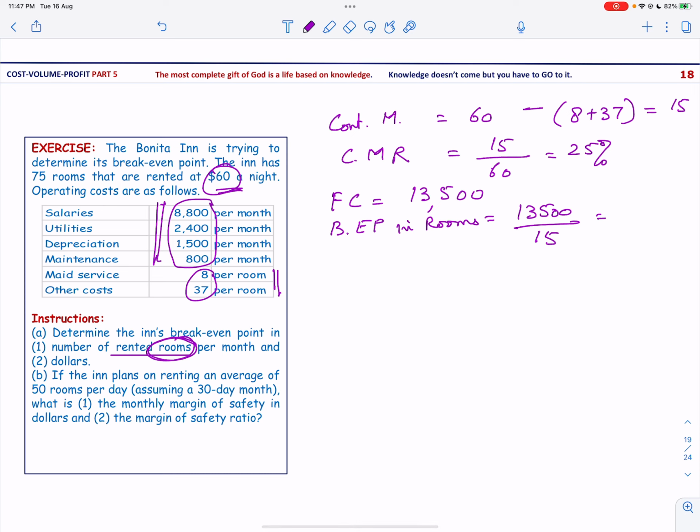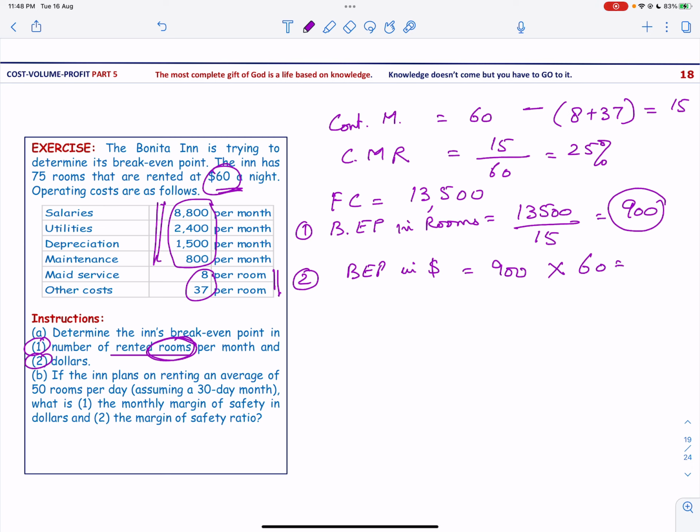So this will be equal to 900. So this is part 1, and then we have to calculate the break even point in dollars, and this is equal to the number of rooms, that is 900, times 60.